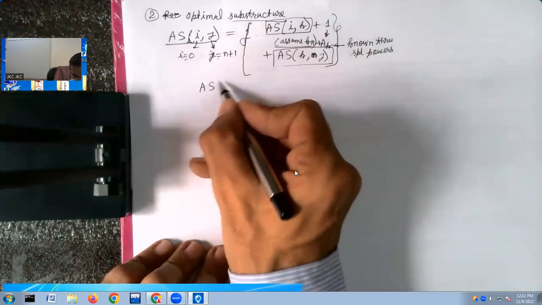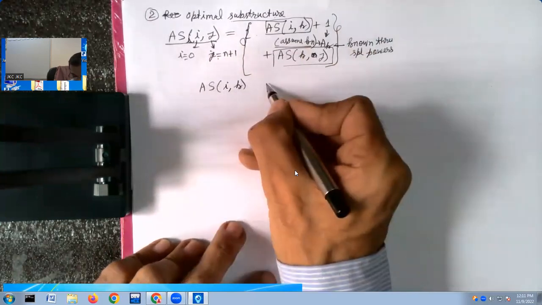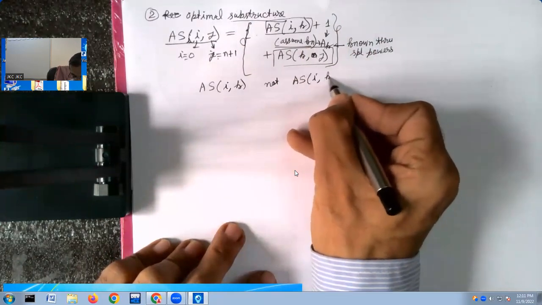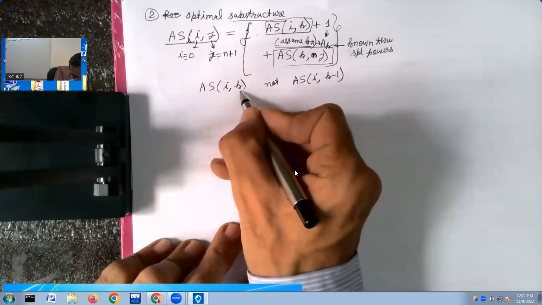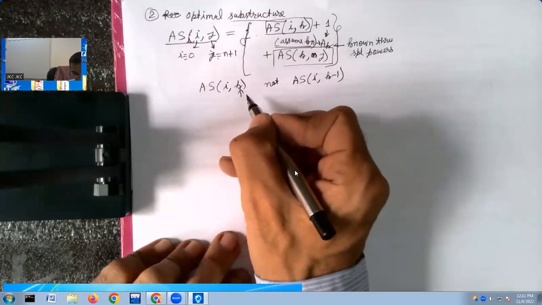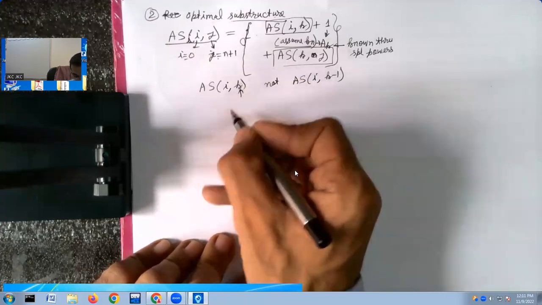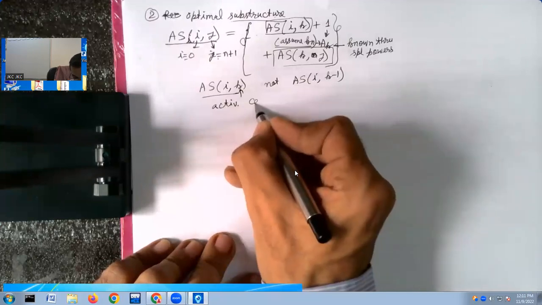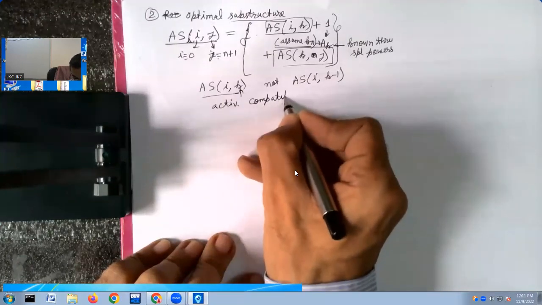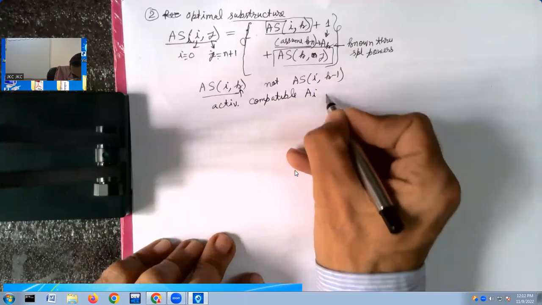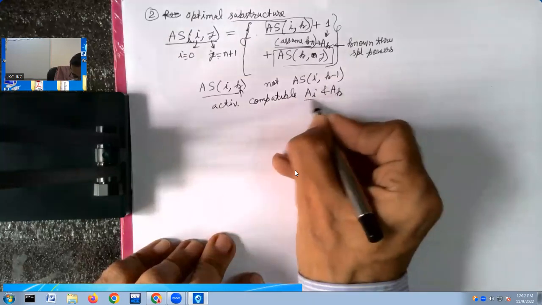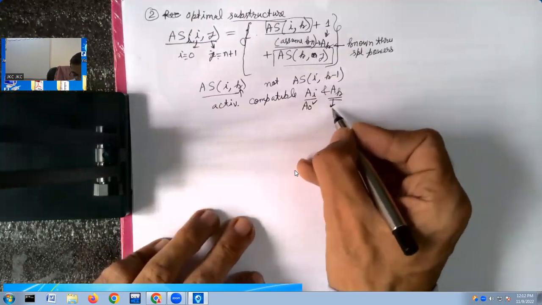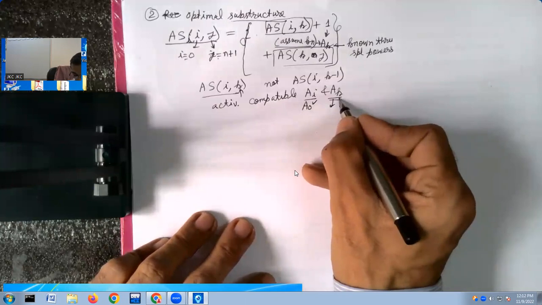I wrote AS ik instead of k plus 1 or k minus 1. The reason being, I said compatible with Ak. So k is already selected. It will mean activities compatible with Ai and Ak. Ai means A0, everybody compatible. Ak means now activities compatible with Ak.